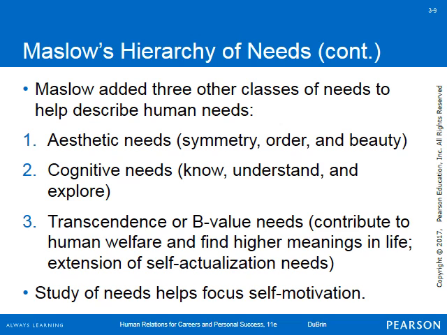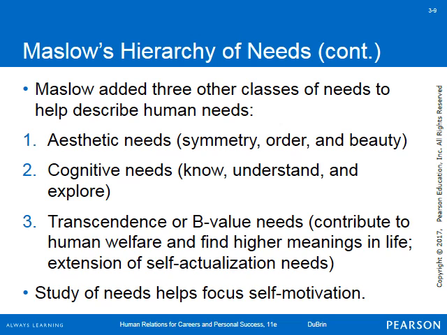So the aesthetic needs are needs related to a need for symmetry, order, beauty, and this class of needs fits below the self-actualization need, so it's below the top of the pyramid on the hierarchy.